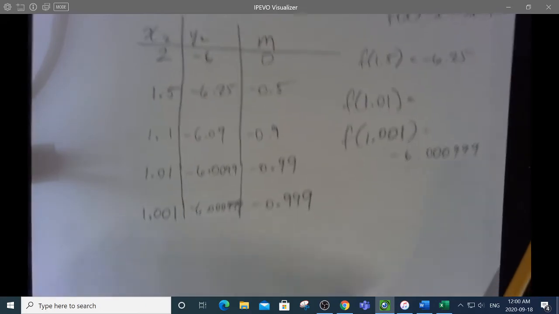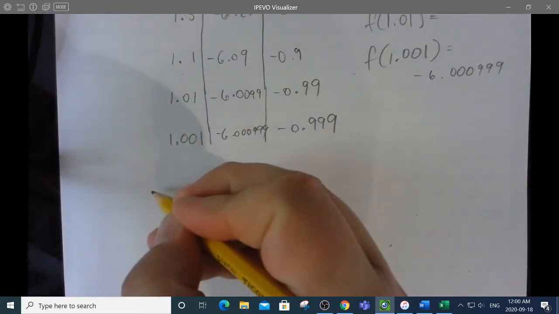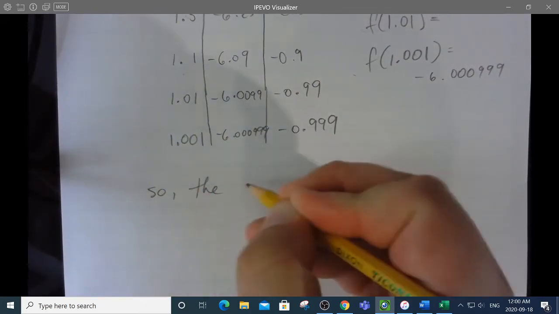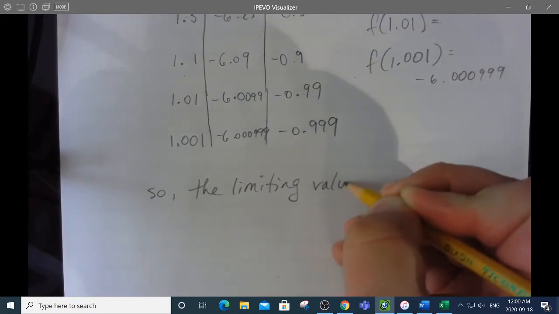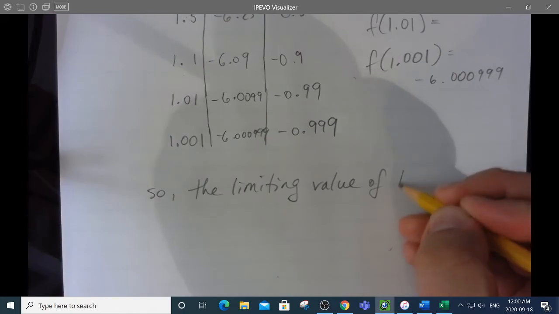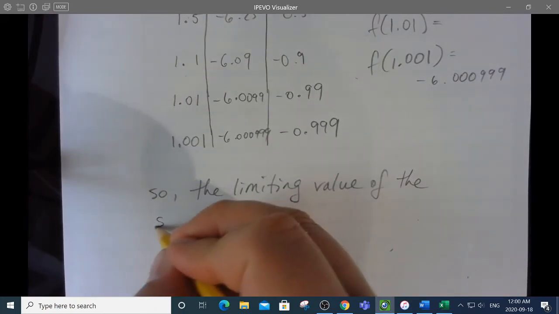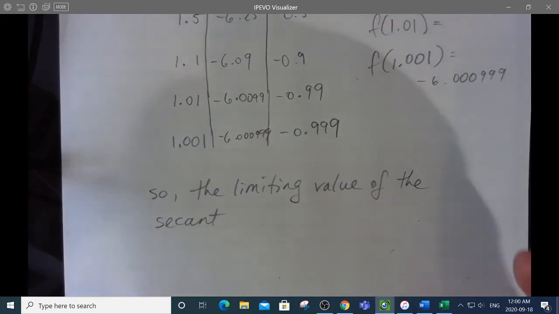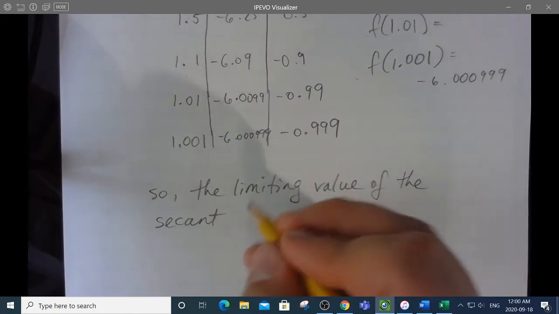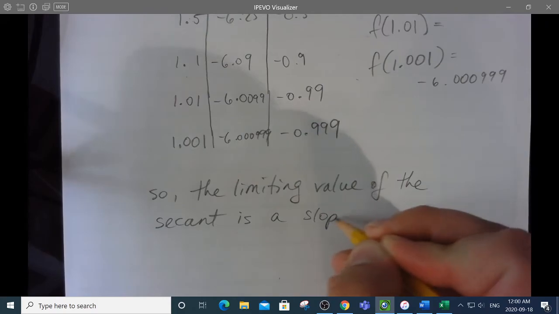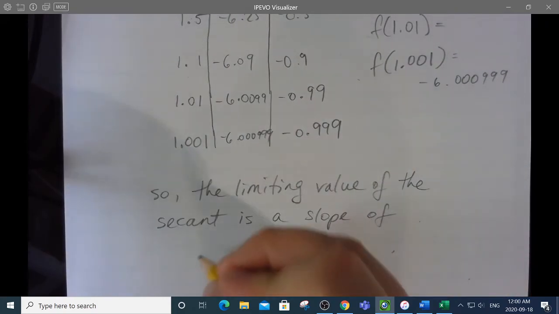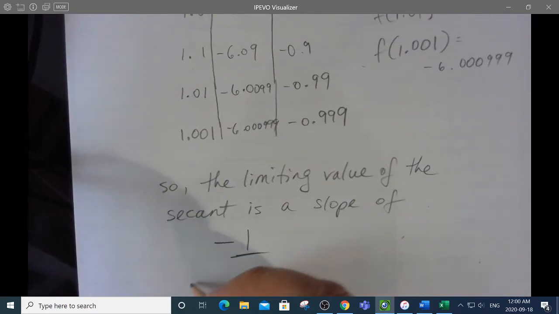So back to the notes. So the limiting value of the secant is a slope of -1.